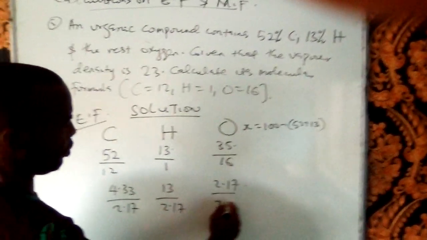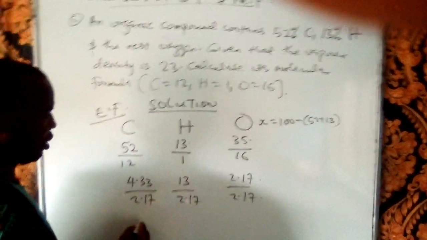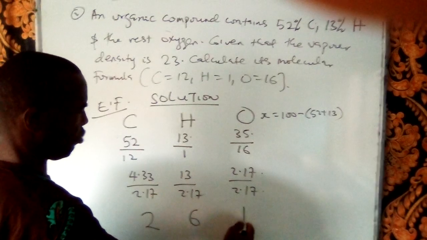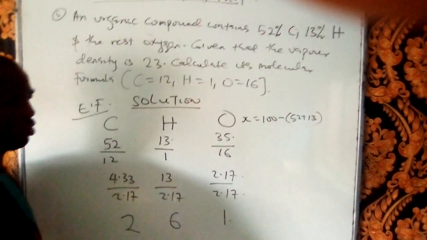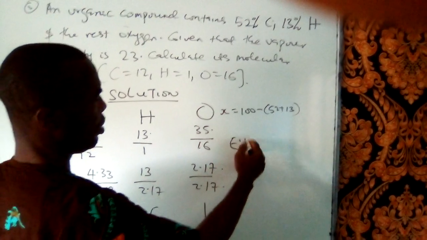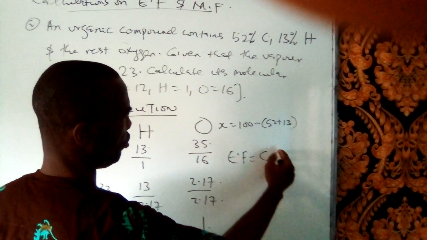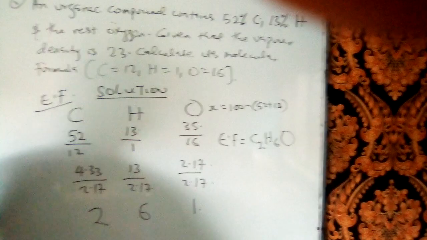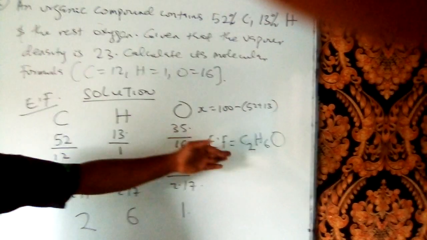That will give you approximately 2, approximately 6, and approximately 1. So the empirical formula of this compound will now become C2H6O. So that's the empirical formula of this compound given on the board.